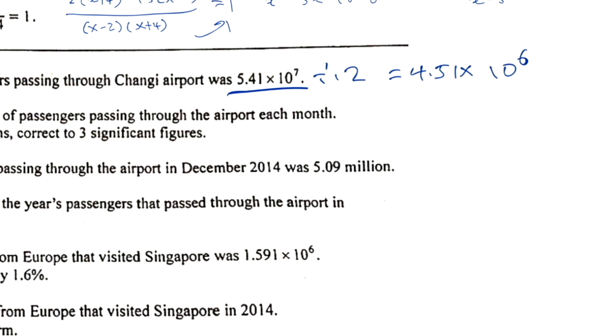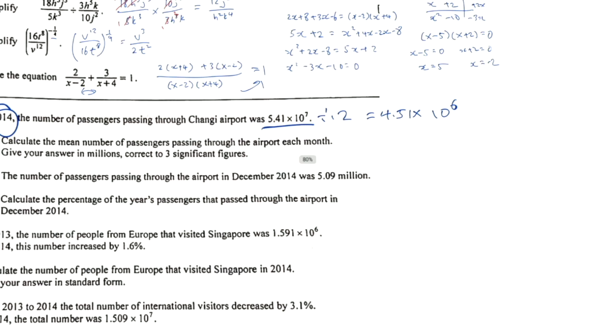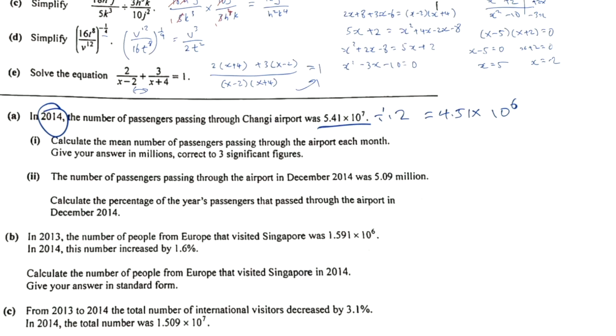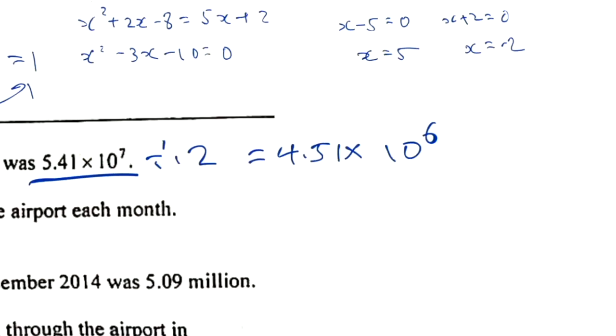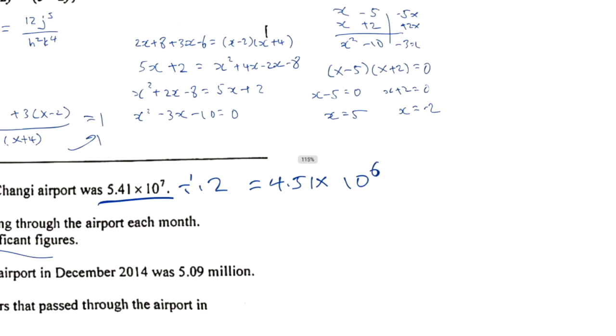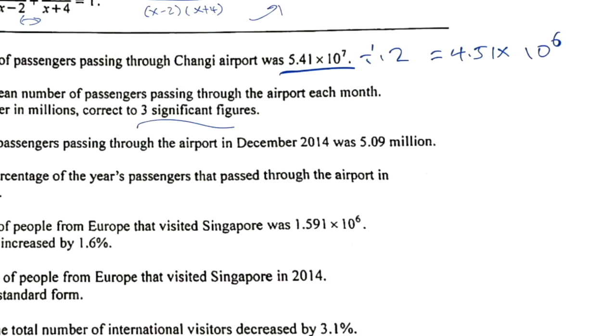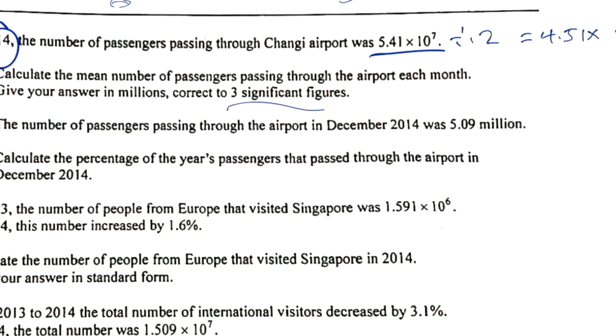That's it, I'm just using the calculator. Because it said 3 significant figures, 3 SF. So 3 SF is this one, 4.51.